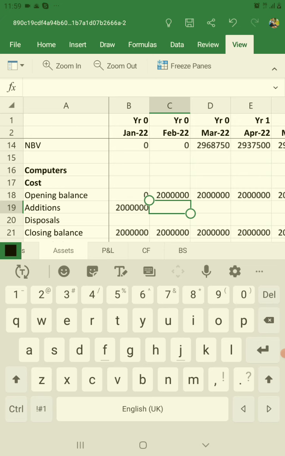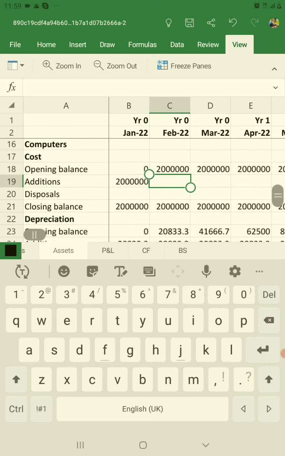So we have modeled the computer's cost part, and because the rest were formulas, when we paste them the same formulas have applied, so we don't have to do anything else there.